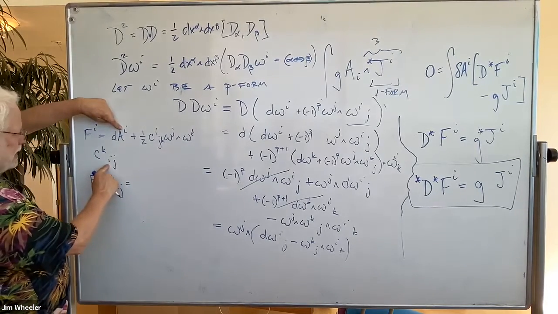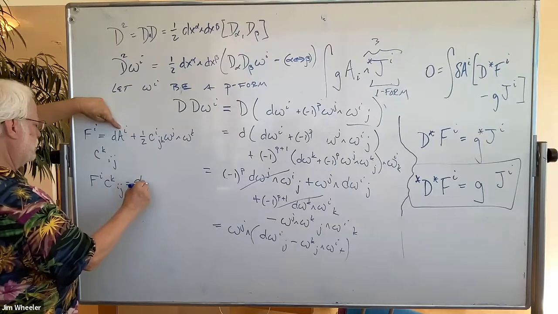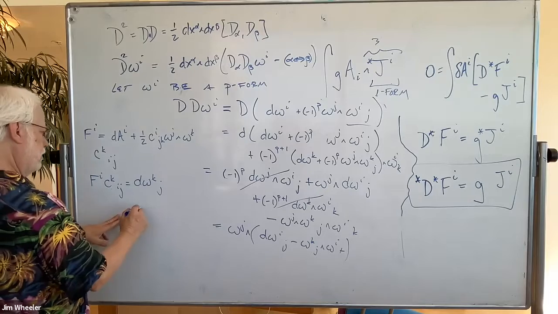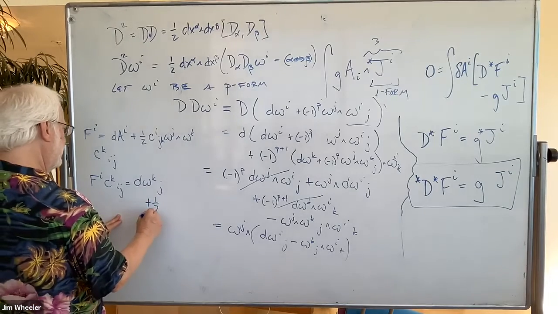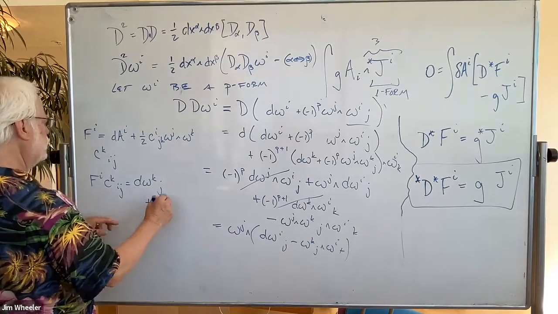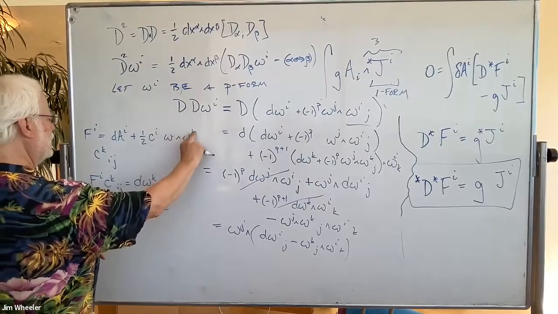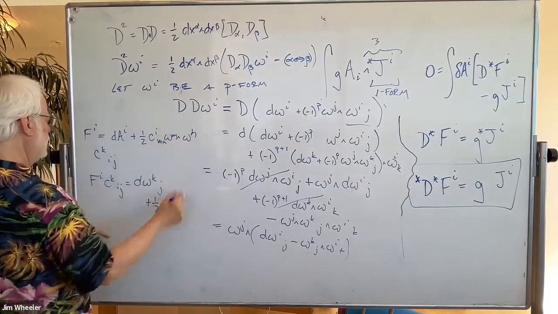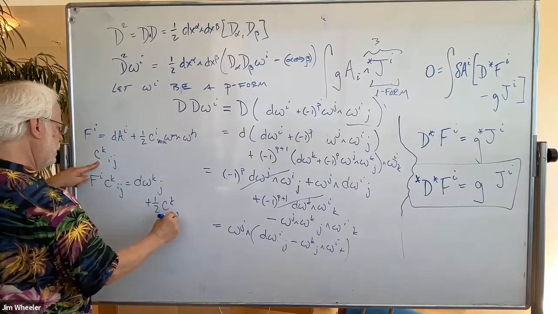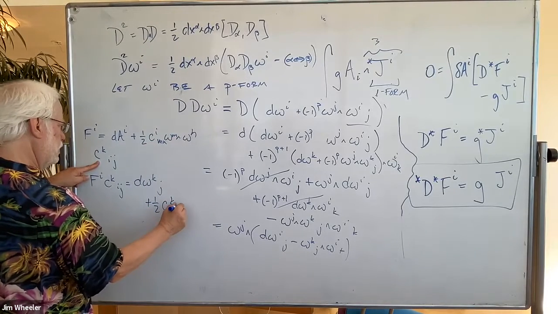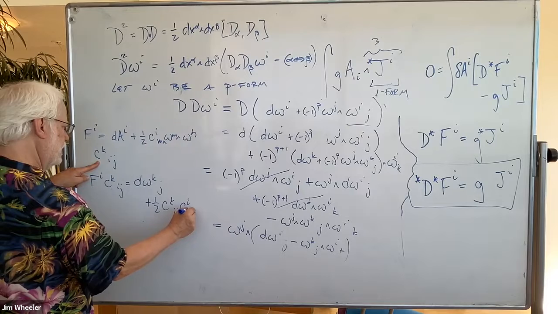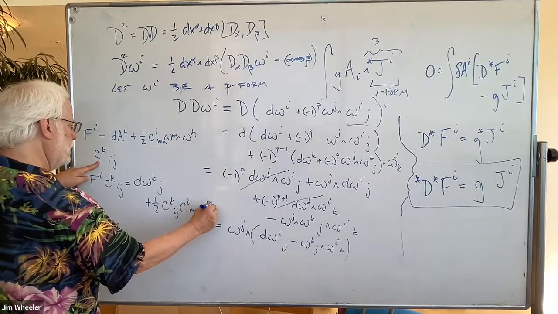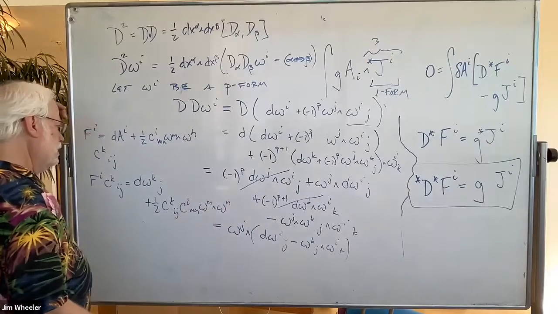This is on the center index here. That makes that an omega. So this becomes just D omega K J. And then we have to worry about this term, a half C. Oops, I'm going to make this MN so I don't collide indices. So C K I J with C I M N omega M wedge omega N.